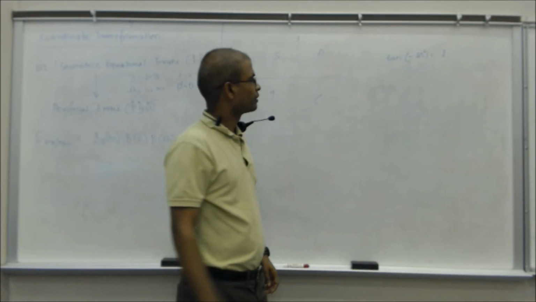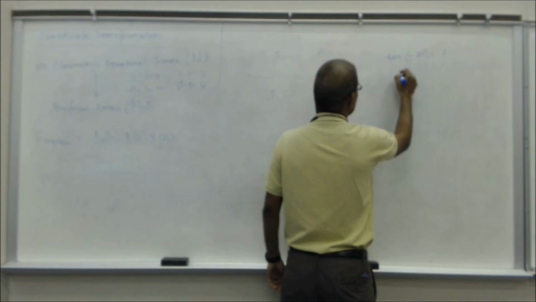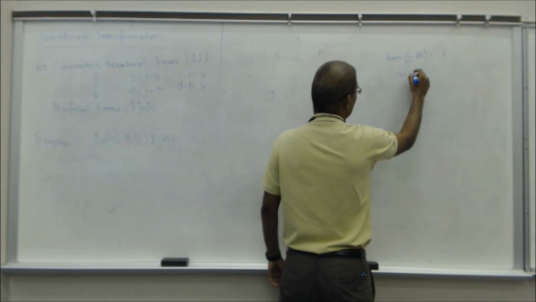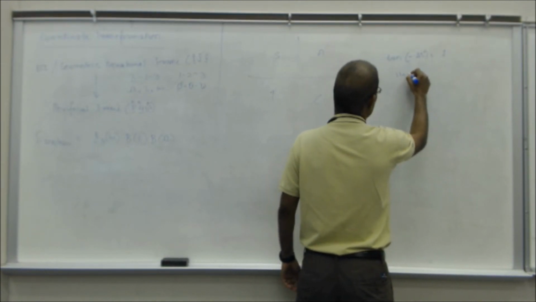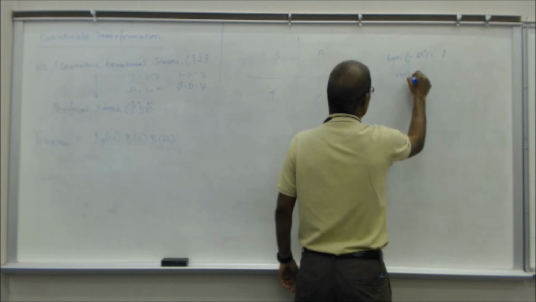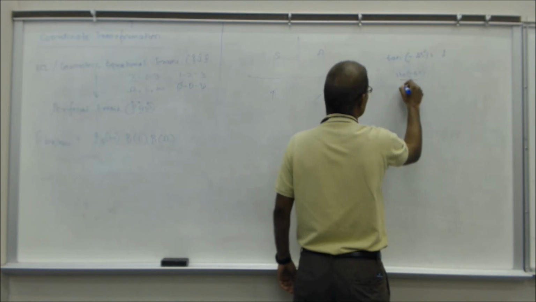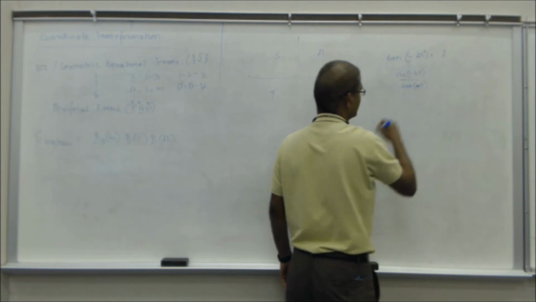Okay. So tangent of minus 45 is 1, but this could be sine of minus 45 over cosine of 45.